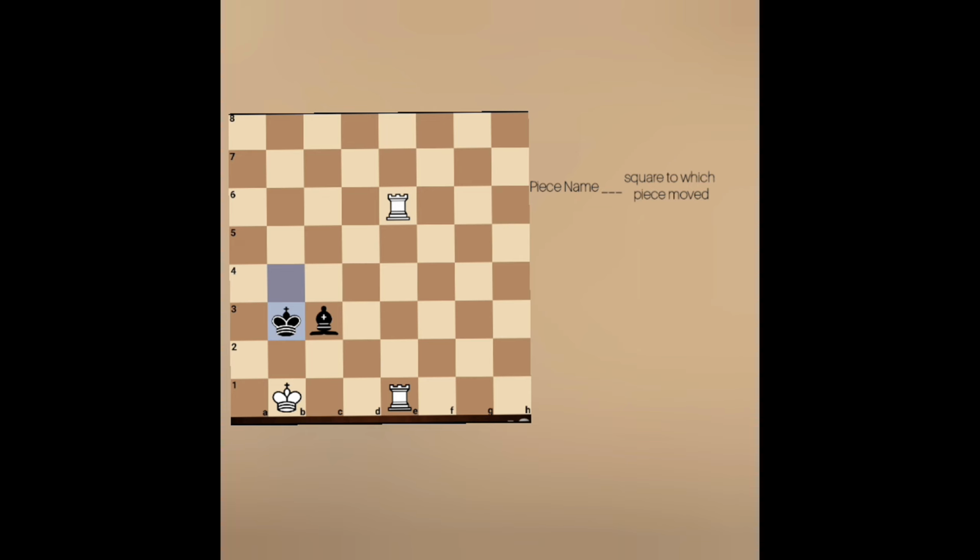In our case, the piece is rook, so we write r. As you can see, the positions of two rooks, and they have alphabet E as common. And rook on e1 moves to e3. We will write 1 and leave out E of rook e1 as E is common in both rooks. And the square to which it moves is e3. So r1 e3 is the name for this move.